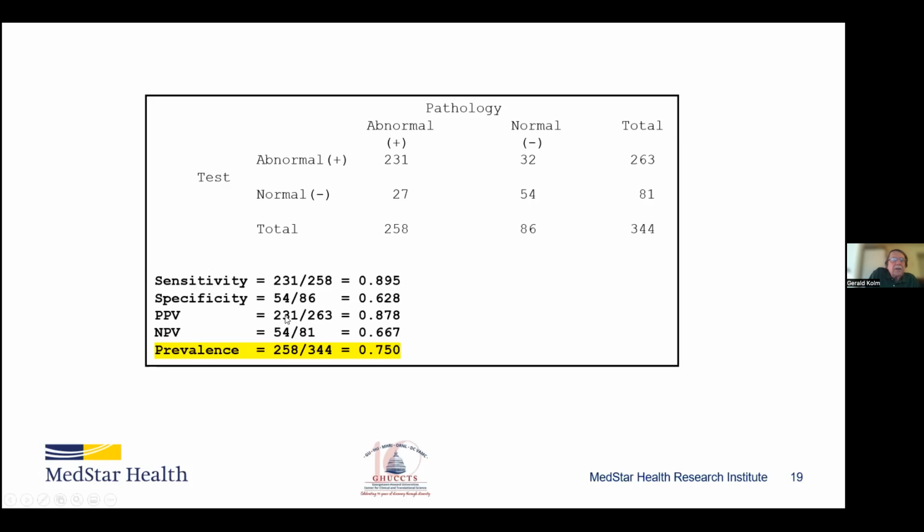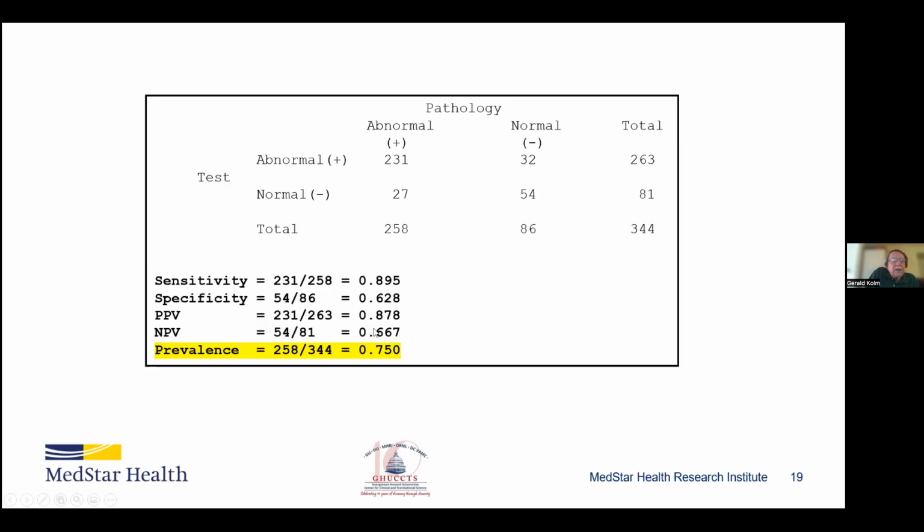What this means is if we test an individual in this particular population and they test positive, that is, they get an abnormal test here, then the probability that they actually have the disease is about 0.88. And conversely, if they have a negative test, then the probability that they actually have the disease is about 0.67.